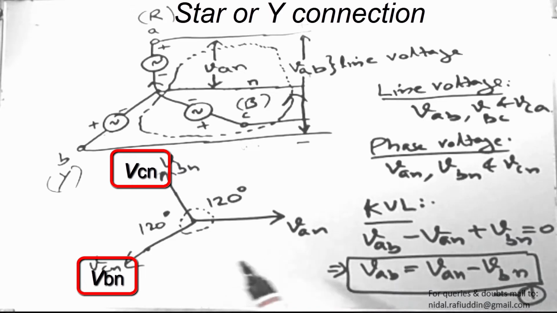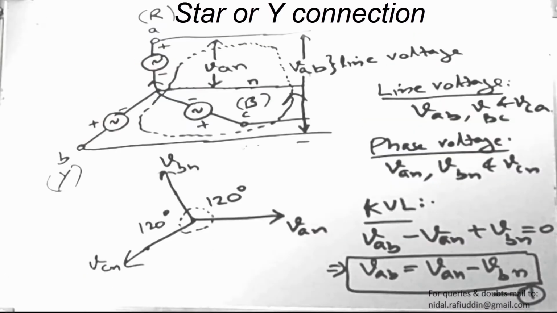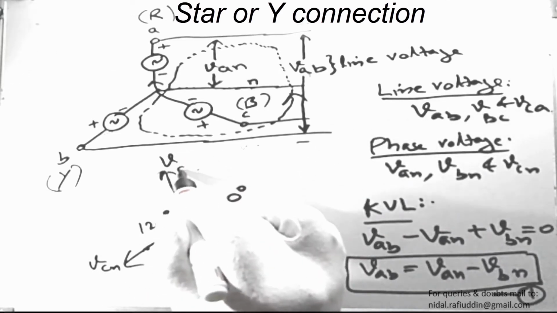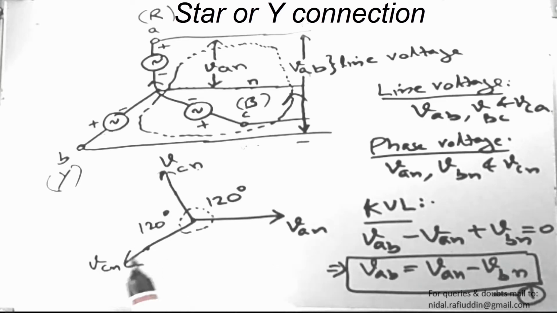So if you look at the phasors, we made a mistake here. This is VCN, since VCN lags voltage VAN by an angle of 240 degrees and VBN lags by an angle of 120 degrees. In the phasor representation, we have VAB as the line voltage, which is VAN minus VBN.